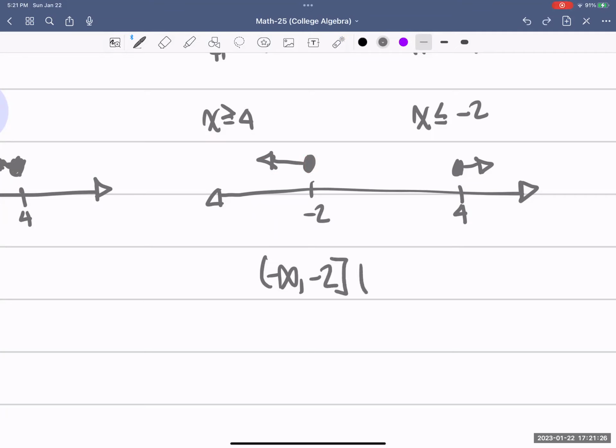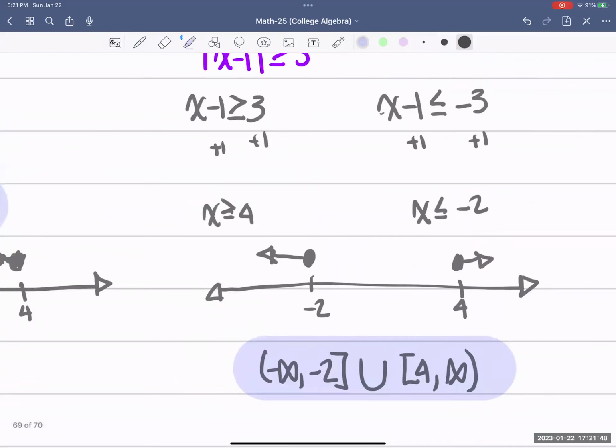Union. Next value is going to be this one, bracket 4 all the way up to infinity. And there we go, that's our solution set for this made up problem.